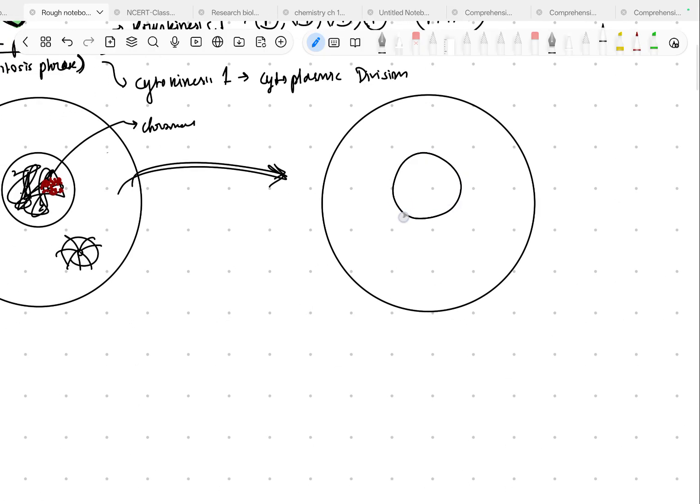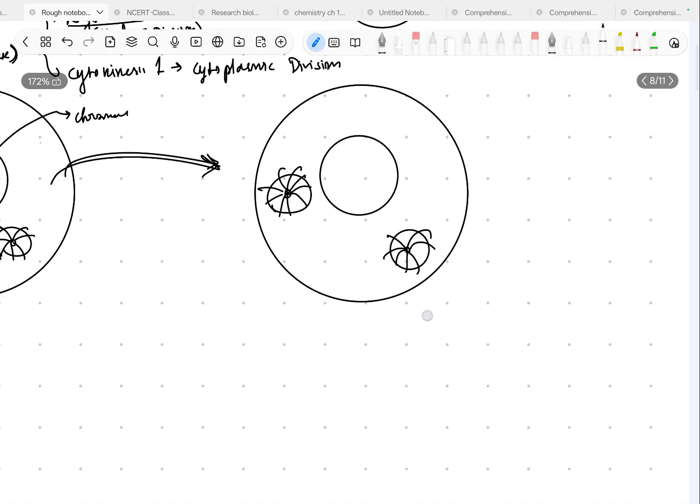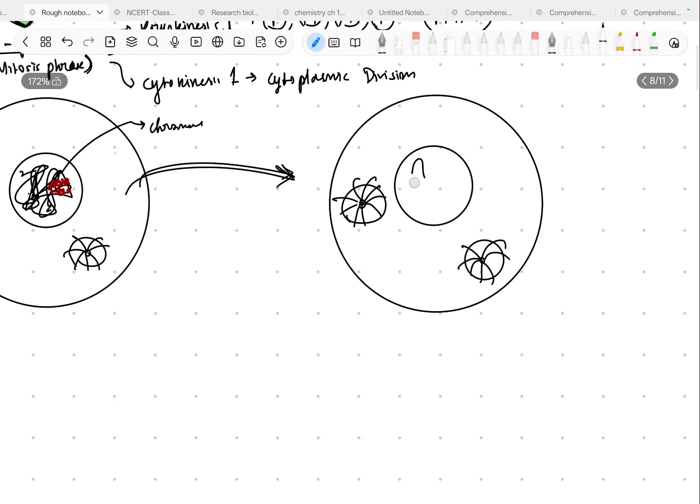You will see more amount of DNA here, and two centrosomes which are not in the central axis. You will see here more amount of DNA and nucleolus.